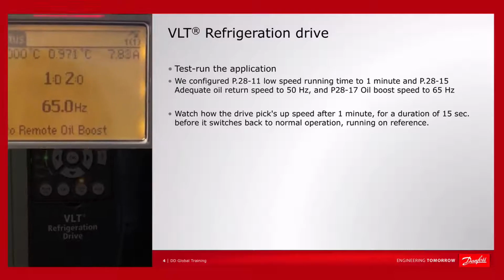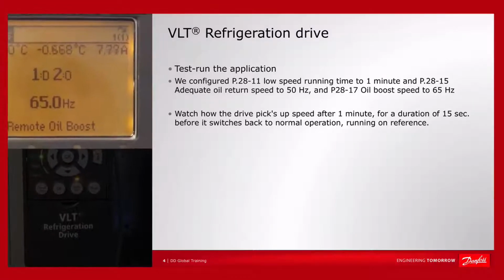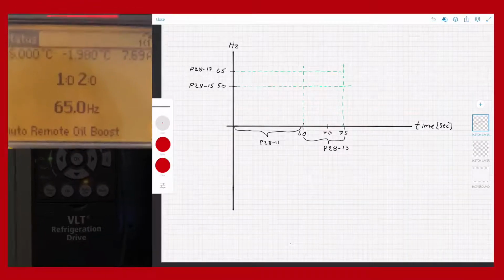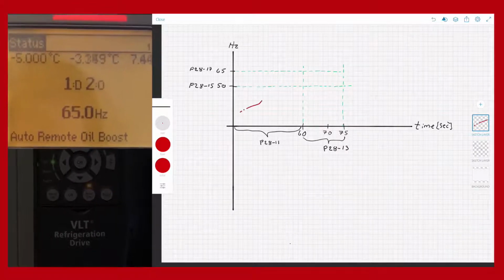See, the drive has been running below 50 Hz for 1 minute now, and you see the text auto remote oil boost. So it picks up speed to 65 Hz. It will run there for 15 seconds, and then it will go back and try to reach its set point.